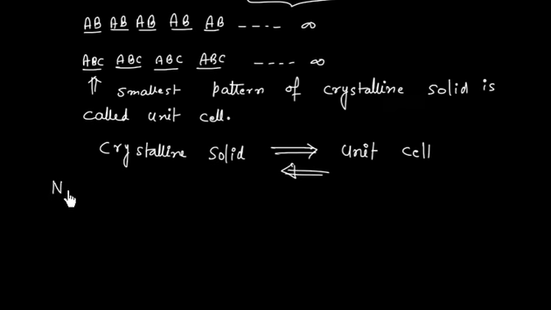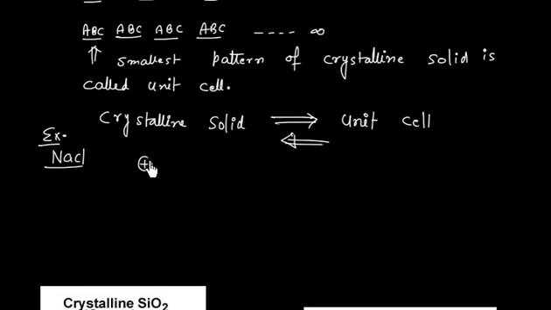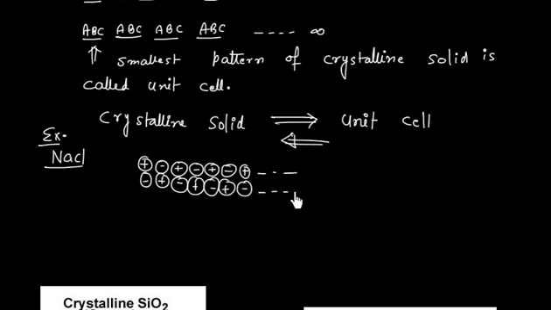NaCl is an example of crystalline solid. In case of NaCl, we have sodium, chlorine, sodium, chlorine. This is arranged in a repeating pattern. Now in the next layer we have Cl minus, Na plus, and this pattern goes on.